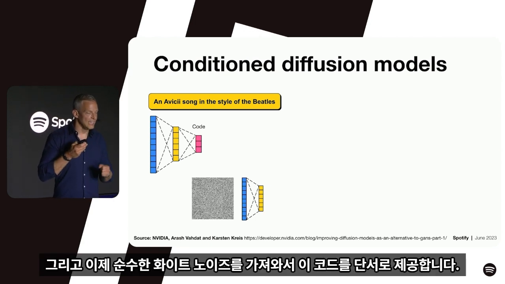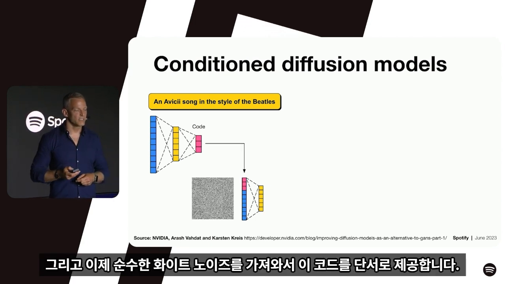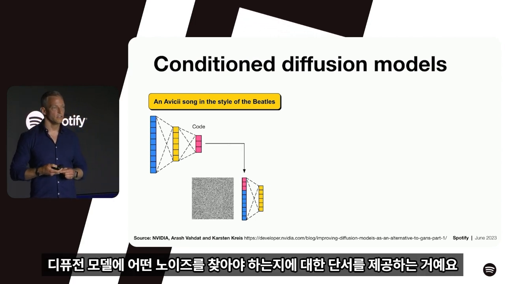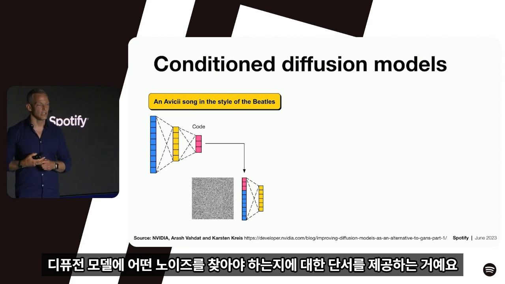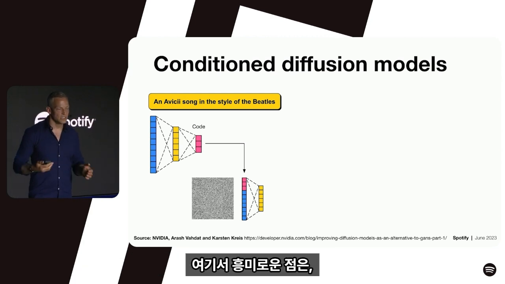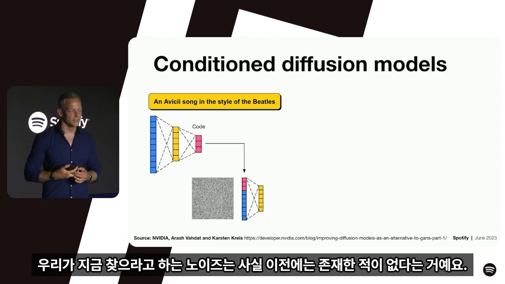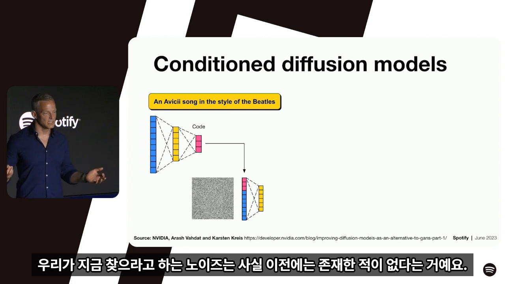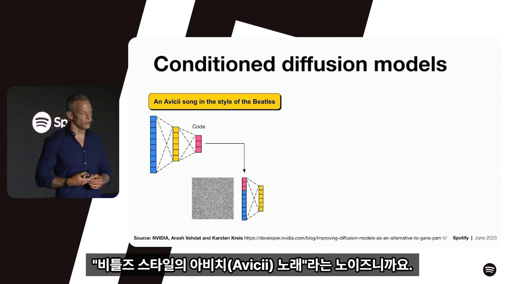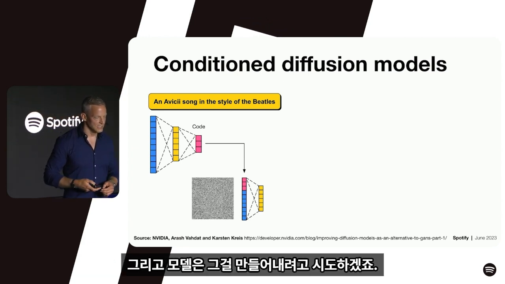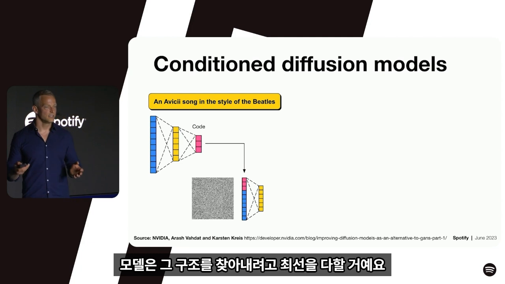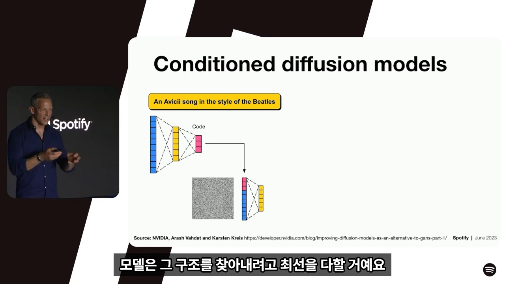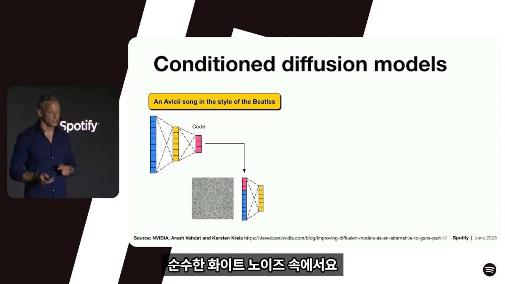And now we take this pure white noise, we give this code as a clue to the diffusion model for what kind of noise it's looking for. And the interesting thing again here is now we're telling it to look for a kind of noise that actually never existed before, Avicii song in the style of Beatles kind of noise. And it's going to try its darndest to try to find that kind of structure in this pure white noise.